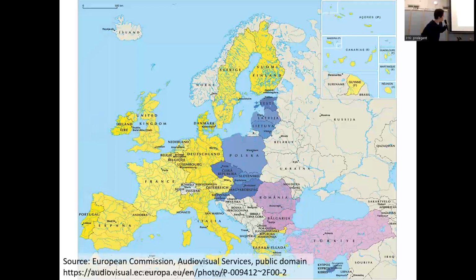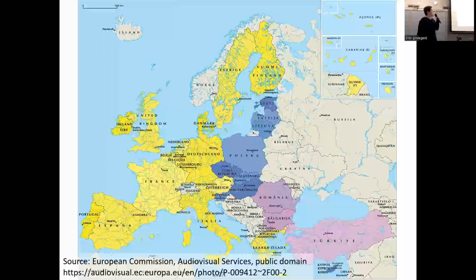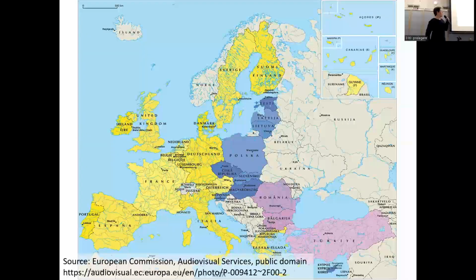These are probably very hard to make out. The Azores, Madeira, Guadeloupe, Martinique, the Canary Islands, and French Guiana. The only one that you see maybe at all clearly is French Guiana, because it's just big enough. But any official map of the European Union would have to depict those.